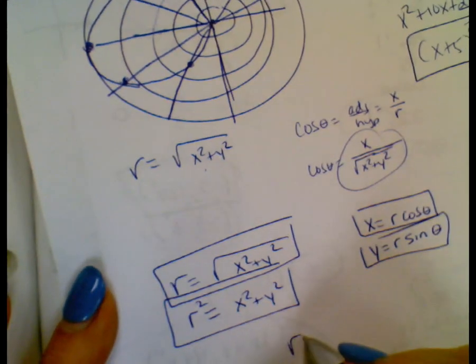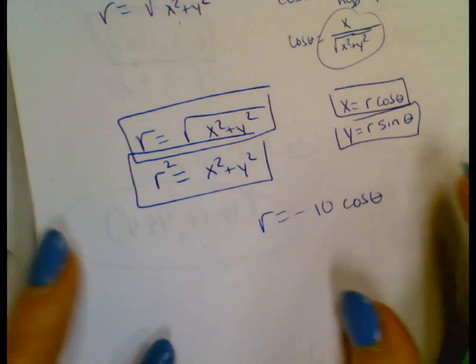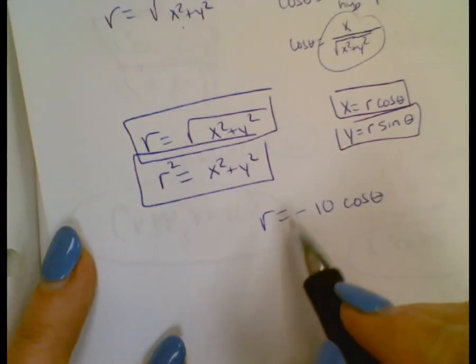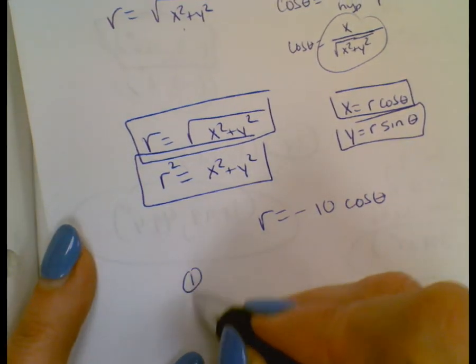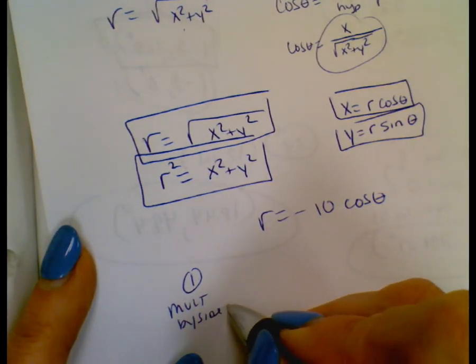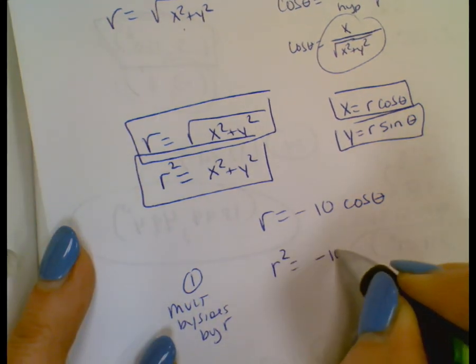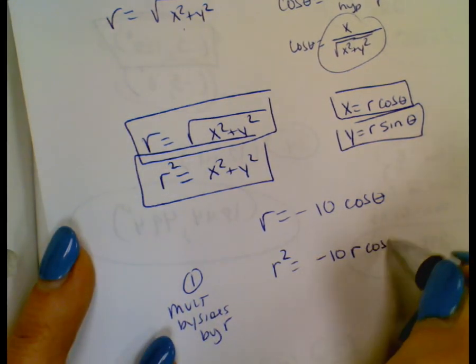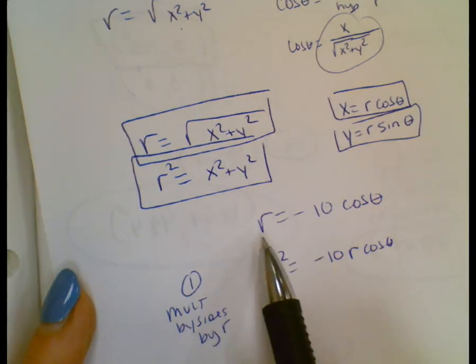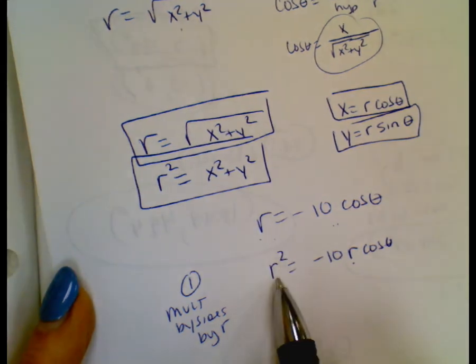So when I see an r equals negative 10 cosine of theta, I'm not even sure if what I'm doing is going to work out, but I'm just trying it. What I would do is, first step, I would multiply both sides by r. So that gives you an r squared equals negative 10. I'm going to put the r right here. Multiply both sides, so I gave each side an r. So I squeezed an r in between here, and I gave this r an r squared.